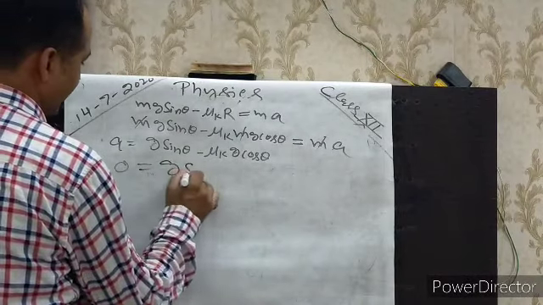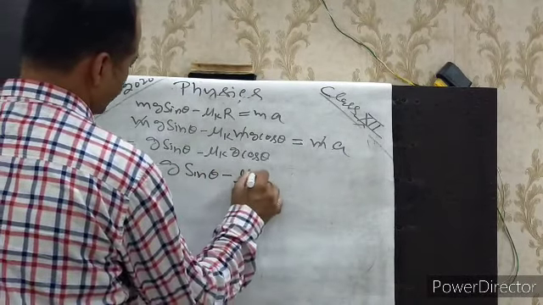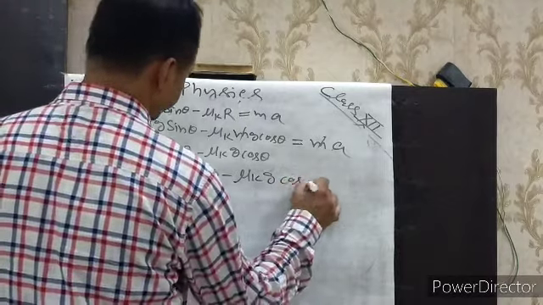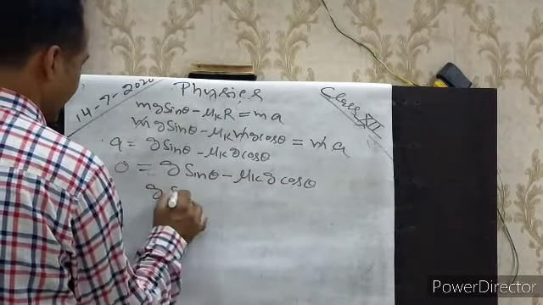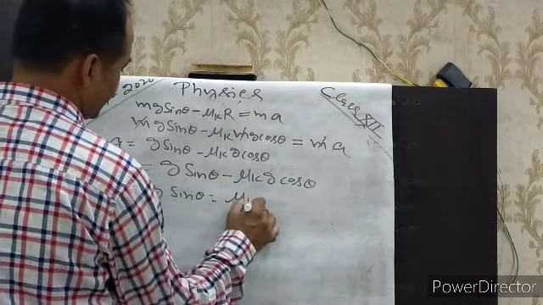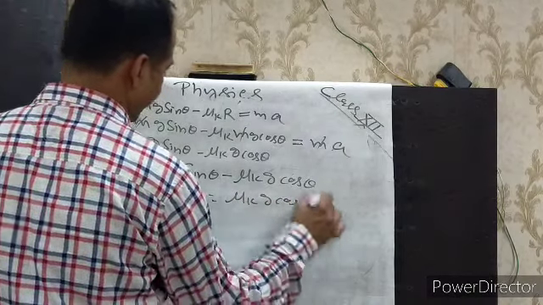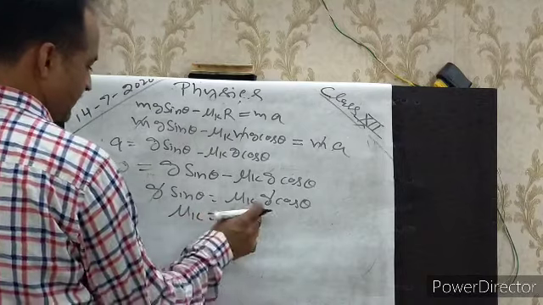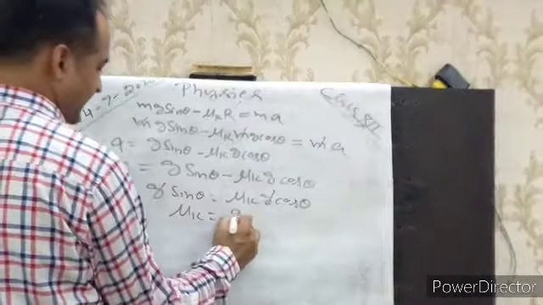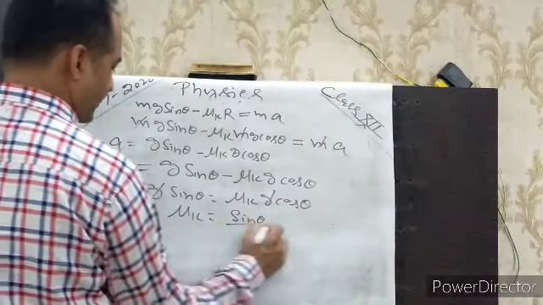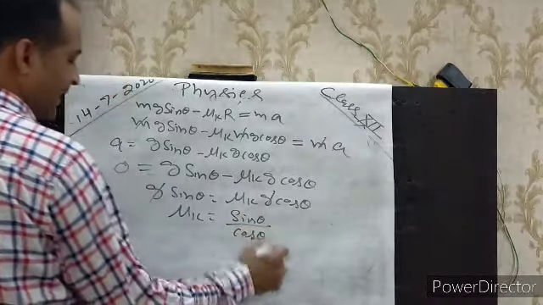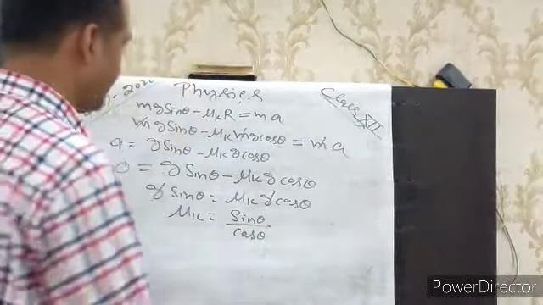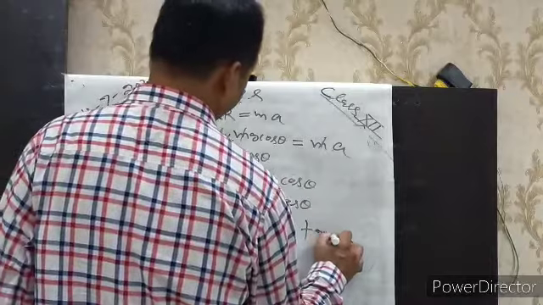Then you will write g sin theta minus mu k g cos theta equals 0, or g sin theta is equals to mu k g cos theta. G cancels, so mu k is equals to sin theta upon cos theta, and sin theta upon cos theta is tan theta. Then mu k is equals to tan theta.